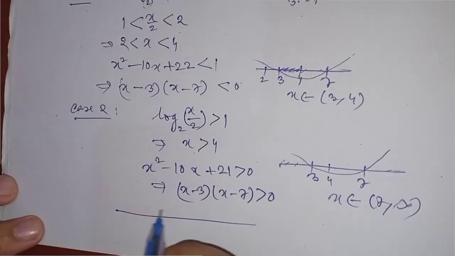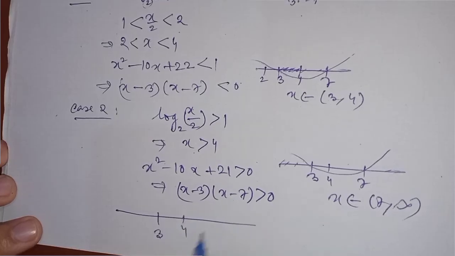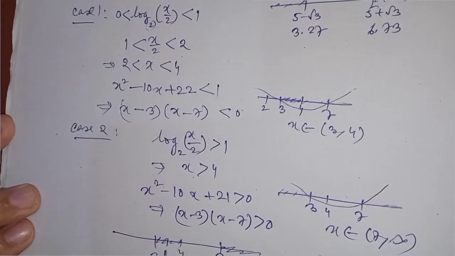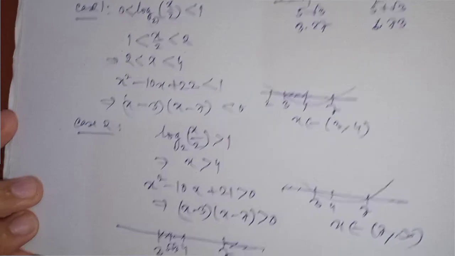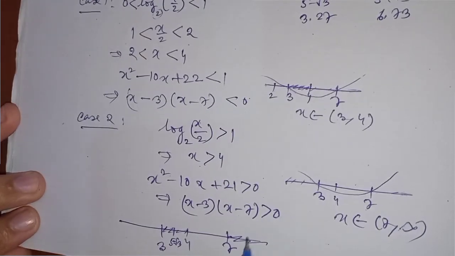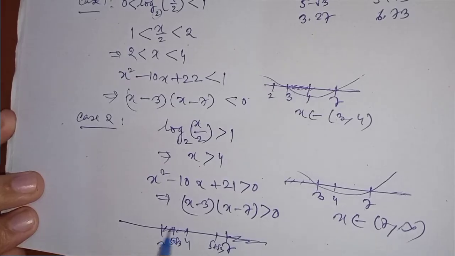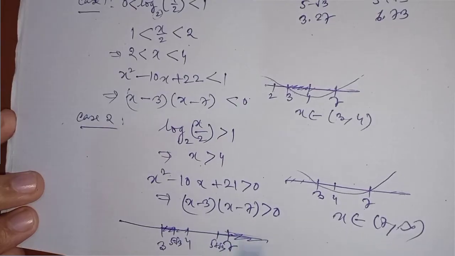So now we will draw our final solutions that we got: 3, 4 and 7. X must lie here and here, but we have to also take the intersection with the domain condition. So 3.27, which is 5 minus root 3, is somewhere around here, and 5 plus root 3 is somewhere around here. So x must lie in this interval.